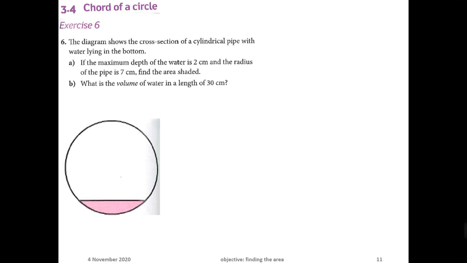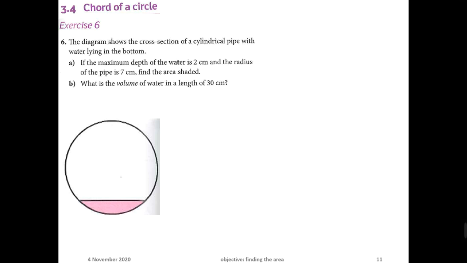Let's read the problem together and let's figure out how we're going to apply the rules that I mentioned at first. The diagram shows the cross-section of a cylindrical pipe. A cylindrical pipe is a 3D object. The cross-section, which is shown in the drawing here, is actually a two-dimensional drawing with water lying in the bottom.